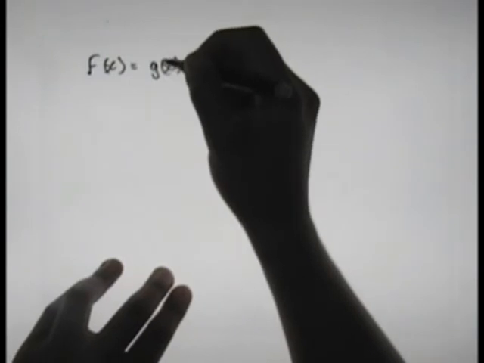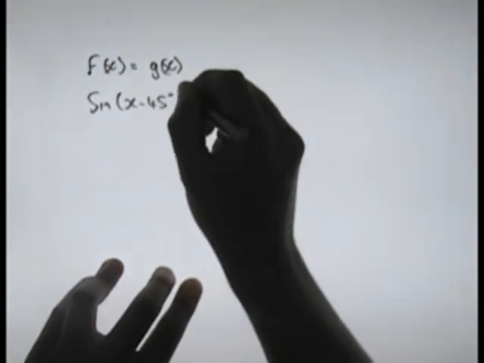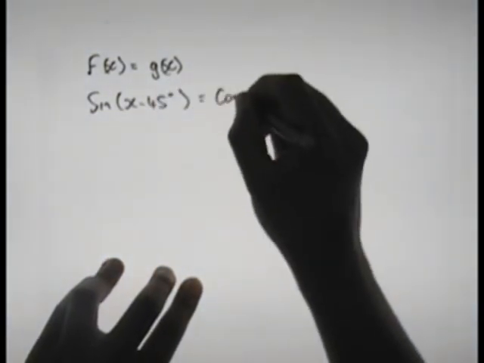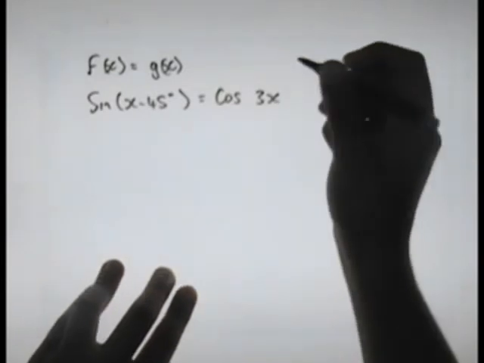To find those x values, we're going to say it's when f of x is equal to g of x. That means that sine of x minus 45 degrees is equal to cos of 3x.